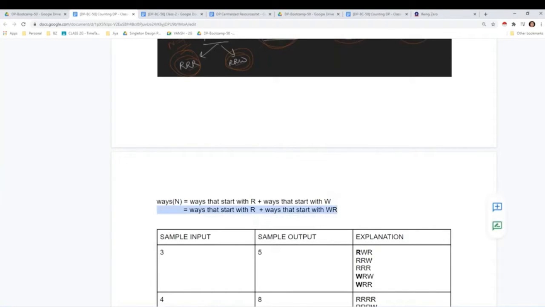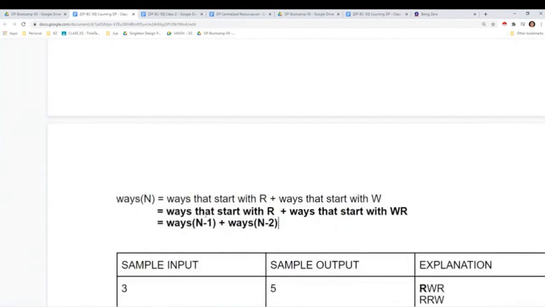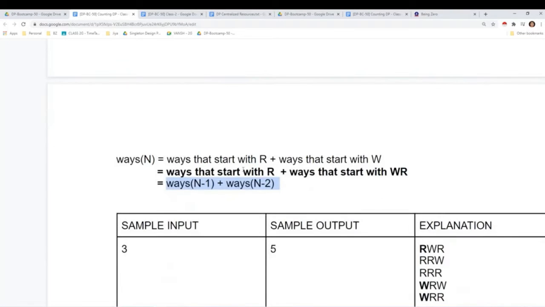The benefit of rewording this is we can actually come back to the original problem. Those ways will be, since one place is already gone, ways of n-1 because R is fixed and we are left with remaining n-1 places. And in the second option, since WR is fixed, we'll go with n-2 places. That is how you will go ahead and write this recurrence. These three lines help us visualize it clearly.